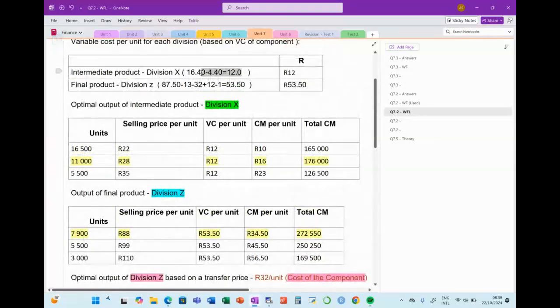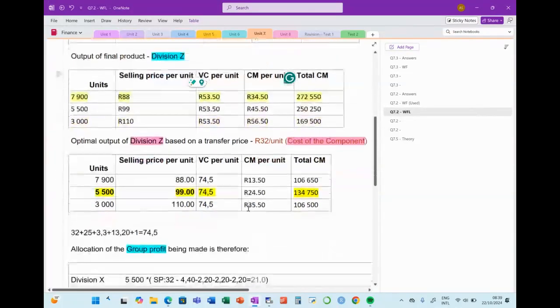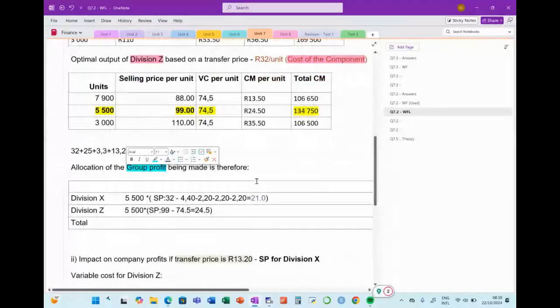Here. This one, eh? So if you look at that 16 Rand 14, that's the total cost per unit. So it actually includes the 1 Rand. Division X here.